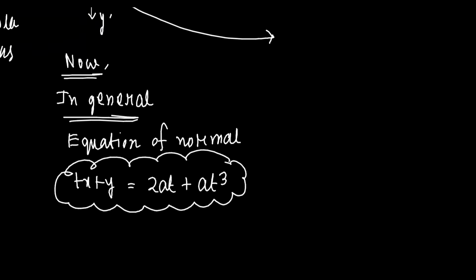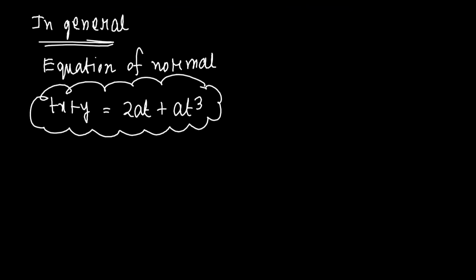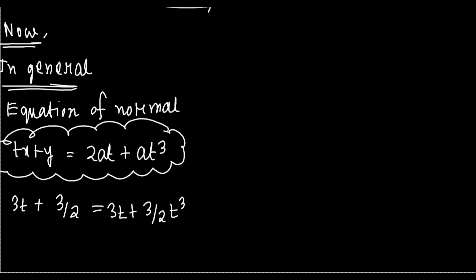Okay, in general. So here you can see that this normal is passing through the point 3 comma 3 by 2. If we substitute the values, it will be 3t plus 3 by 2 is equal to 3t plus 3 by 2 t cube, since it is passing through 3 comma 3 by 2.